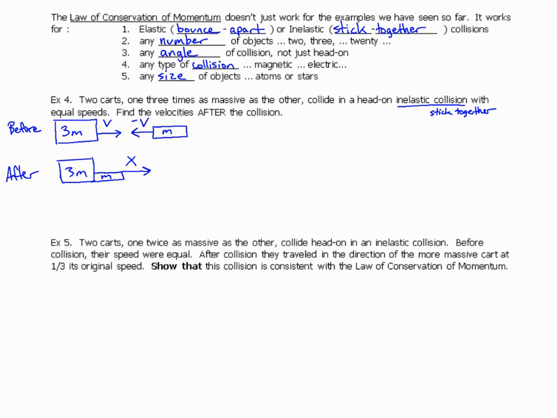So we're going to use the formula for the law of conservation of momentum. So object A is going to be this one, the more massive cart. Mass is 3m, velocity is v, plus cart B has a mass of m and the velocity of negative v.